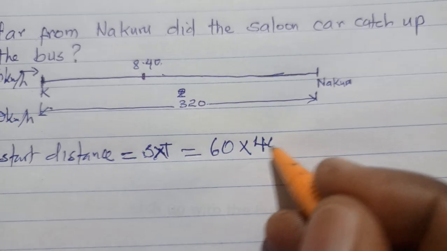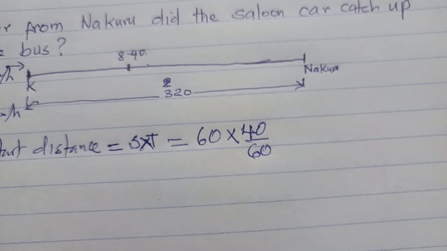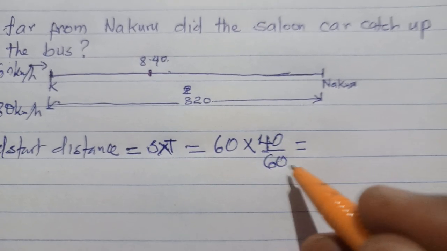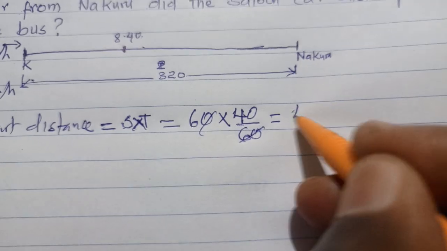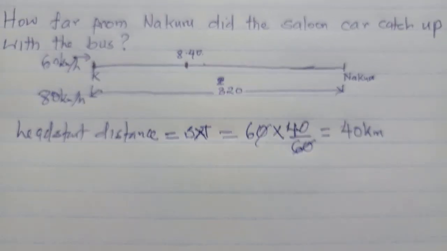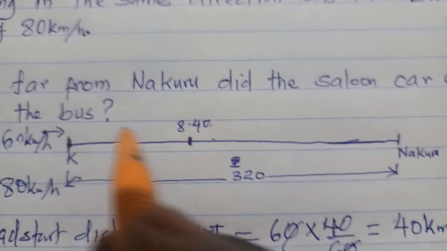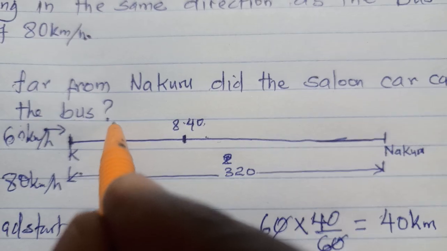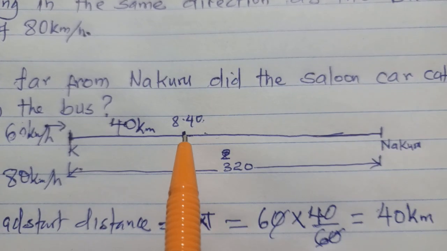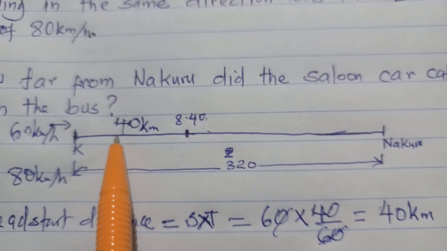But we have to convert the 40 minutes into hours by dividing by 60, so that we get the distance. In this case, you can see it's 40 kilometers. So before the car starts, the bus has a head start of 40 kilometers, and you can indicate that here. By 8:40, the bus has already covered 40 kilometers.